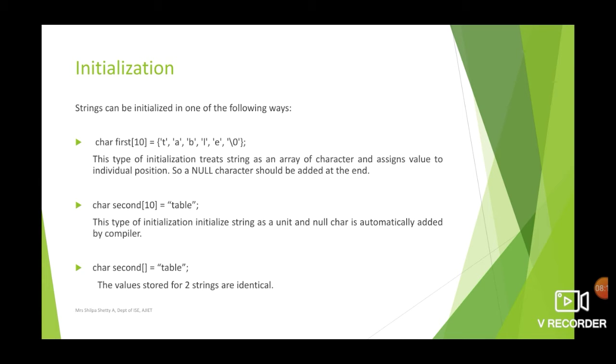In the string second, there are 5 characters, TABLE, so the compiler will assume the size of the array is 6: 5 plus 1 for the null character. But the values stored in both are identical. Both will store the value TABLE.